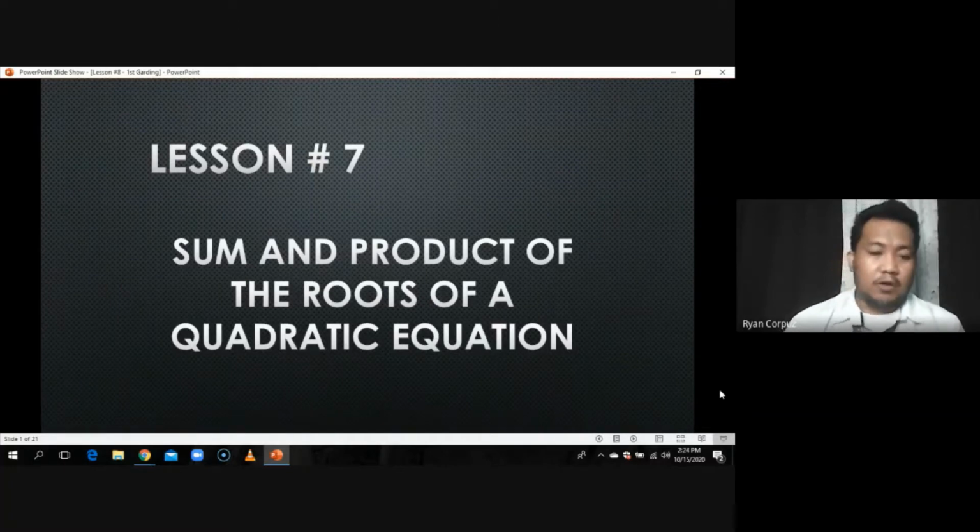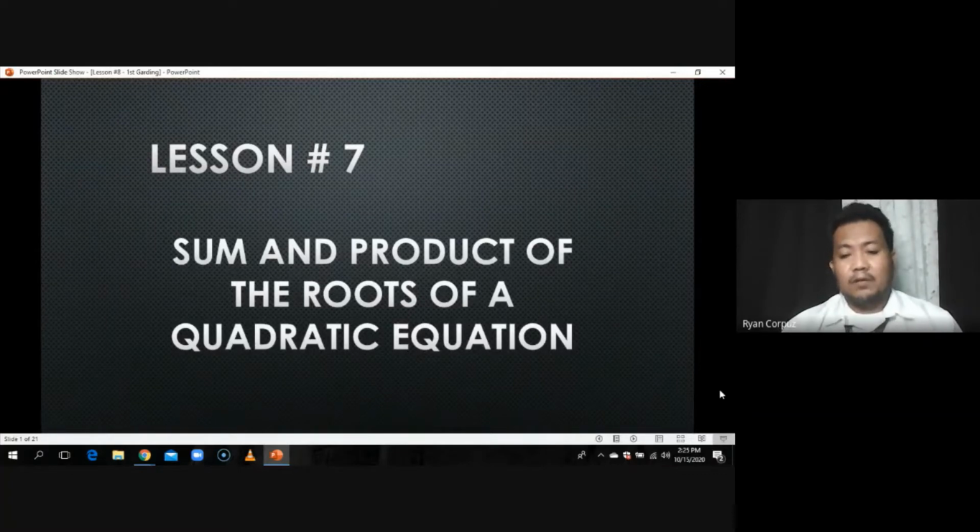At the same time, and vice versa, given the sum and the product of the roots, you can also identify the given quadratic equation.